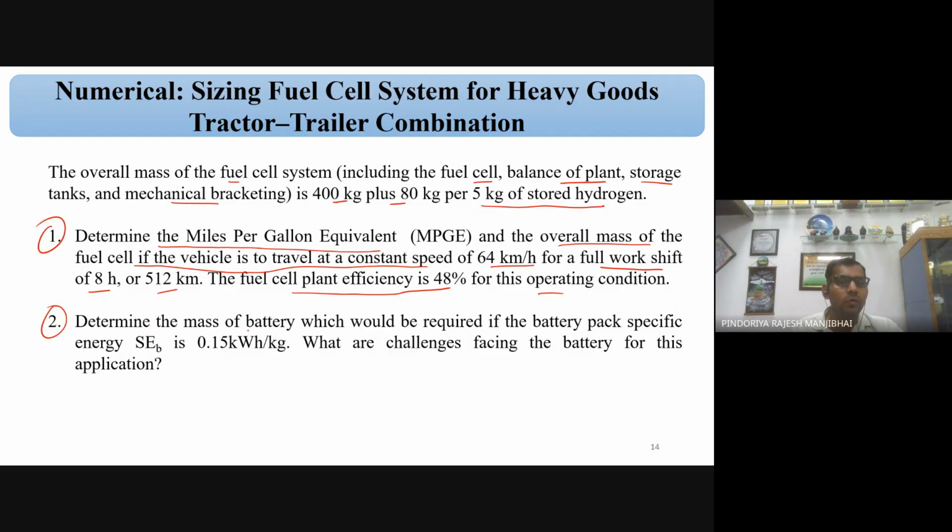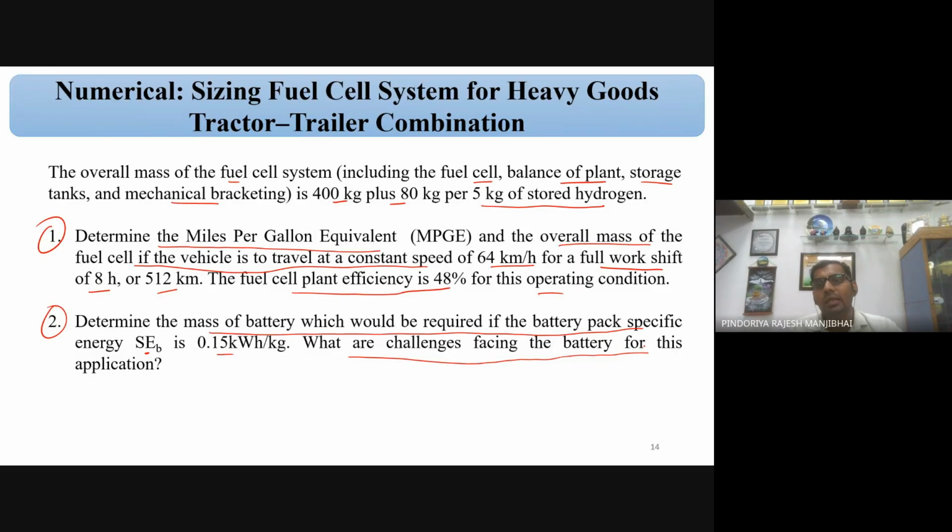Second, we find the mass of the battery required if the battery pack specific energy is 0.15 kilowatt hour per kilogram, so we find the battery capacity. Finally, we have to give a statement: what are the challenges facing the battery for this application?